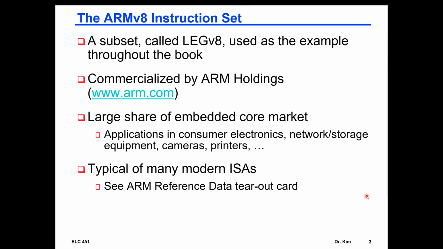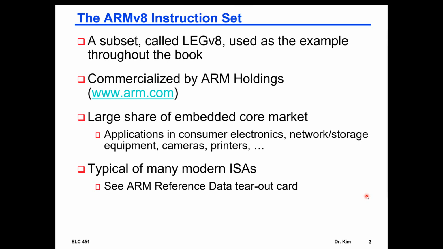So again, as I mentioned, we're going to be looking at a subset of the ARM v8 instruction set, and for the purposes of the book, this is called LEGv8. Again, ARM was commercialized by a company called ARM Holdings, from England, and they were bought out by SoftBank, which is a Japanese conglomerate of companies.